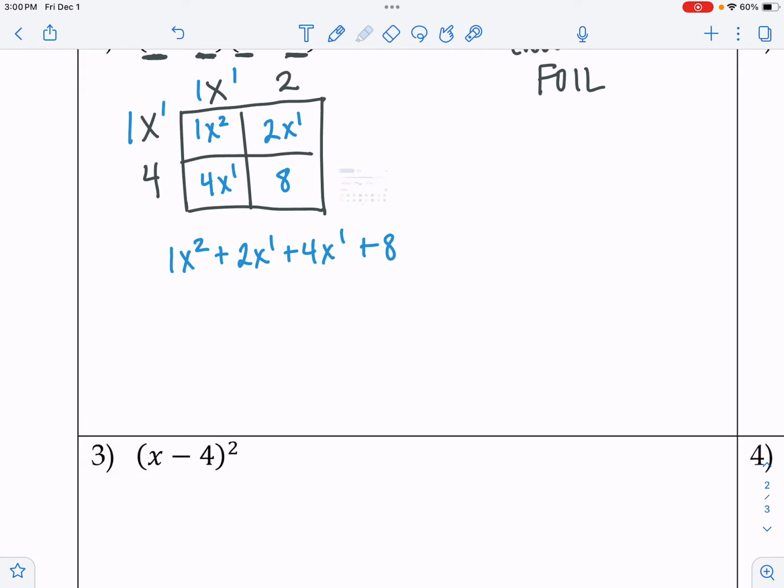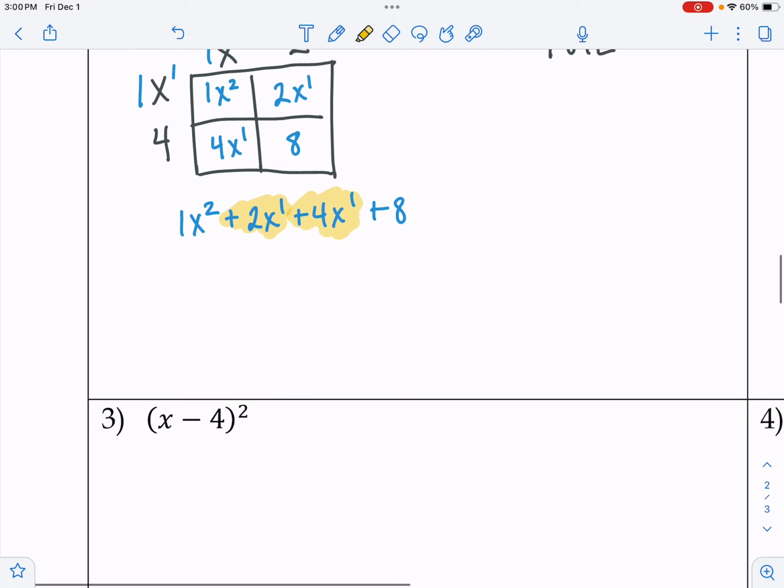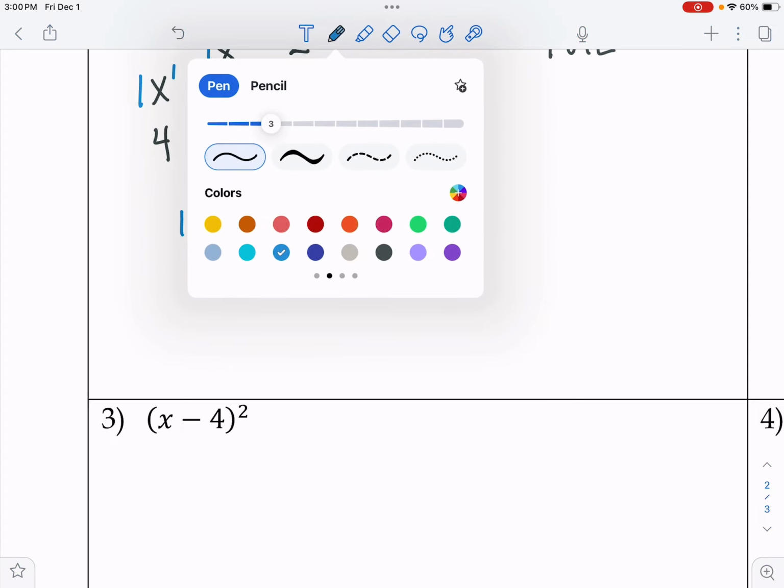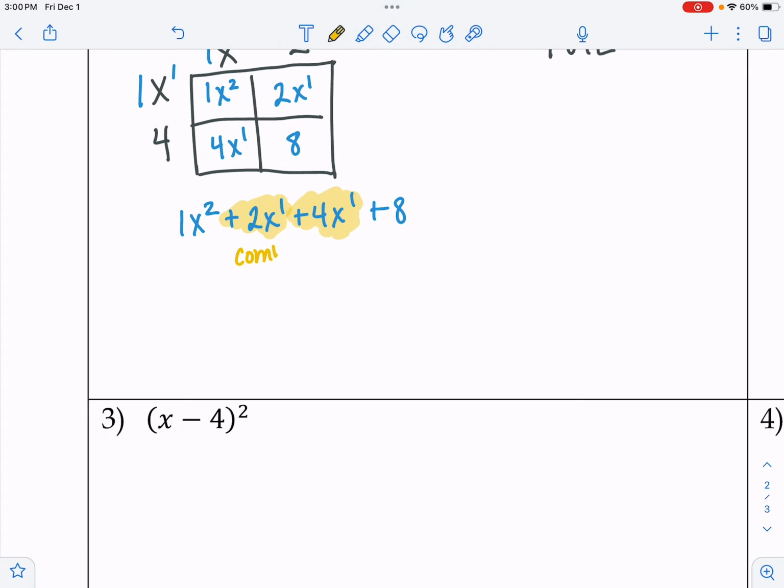But when you're writing your final answer, if you have like terms, you need to combine them. And so when you combine your like terms, you're adding, so exponents don't change. That's why they have to be like terms. They have to have the same exponent because we're not going to change the exponent.